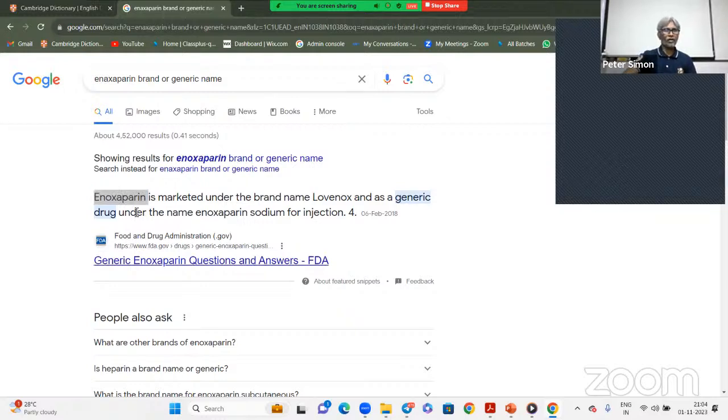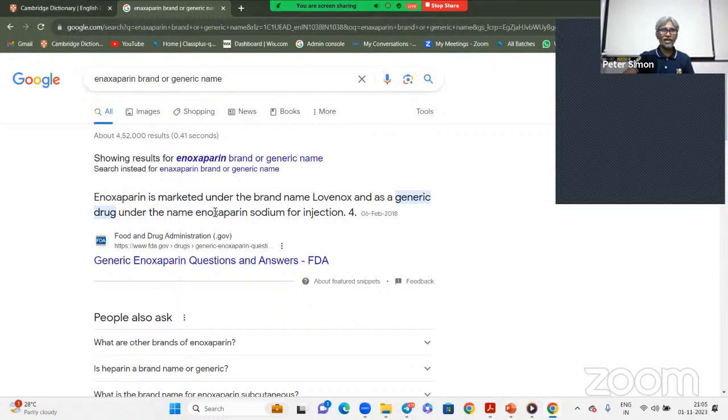Enoxaparin is marketed under the brand name Lovenox and as a generic drug under the name enoxaparin. It's a generic. Two mistakes you have made. Who is this? Priya Chinnaswamy. First, you are not supposed to write a capital letter for generic names.